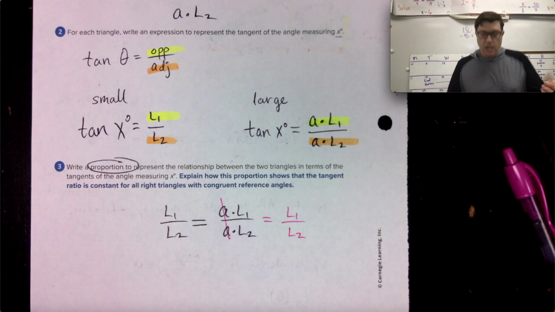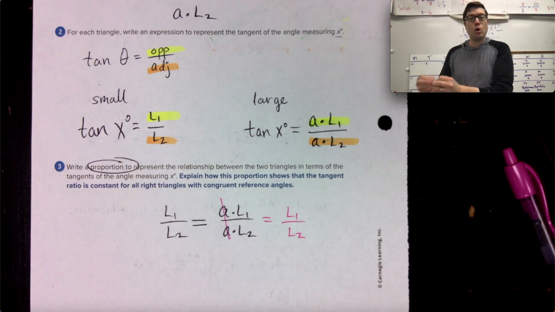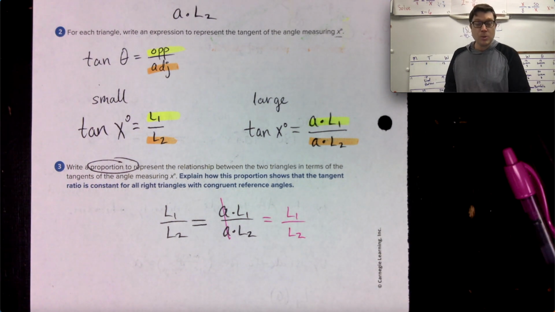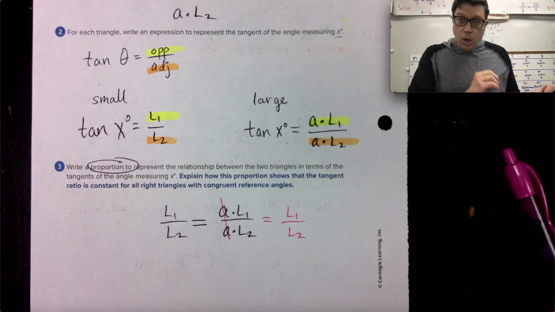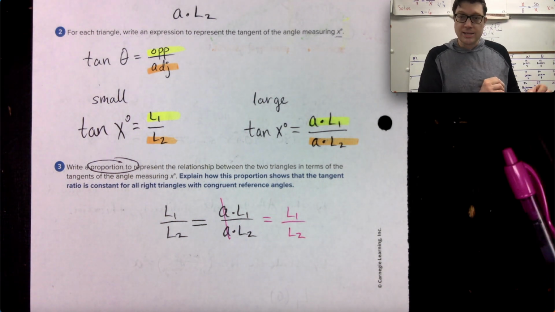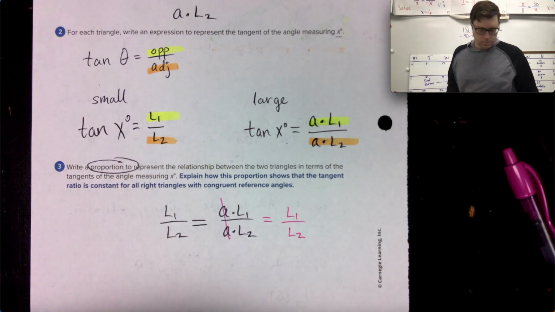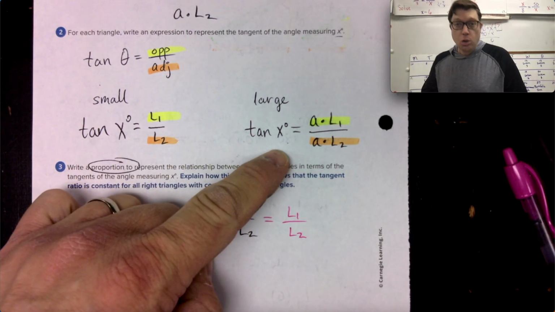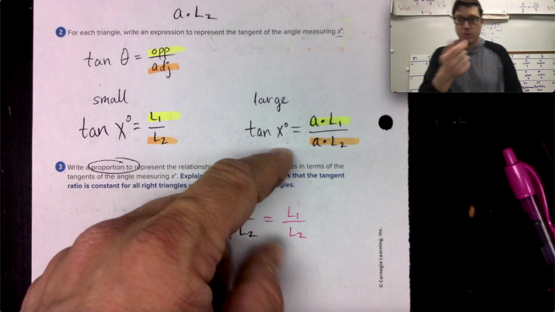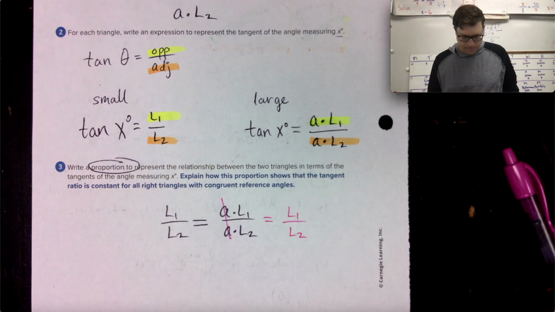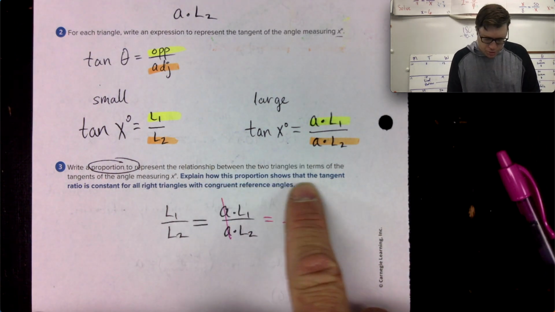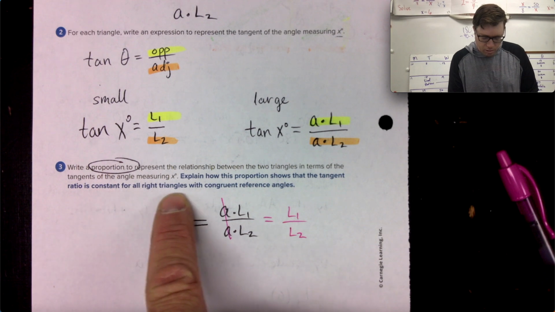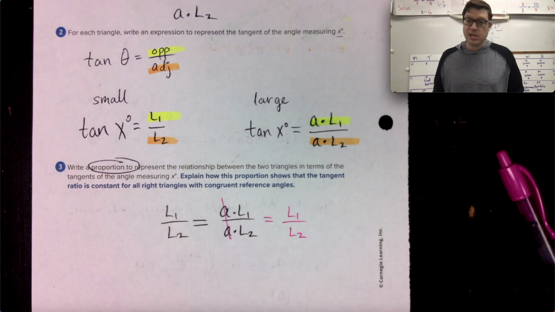This shows that the tangent ratio is going to be constant when a small triangle with angle x is compared to a larger triangle with the same angle x. Their tangent ratios are going to be the same. Explain how this proportion shows that the tangent ratio is constant for all right triangles with congruent reference angles.